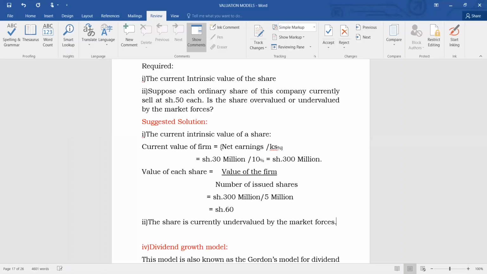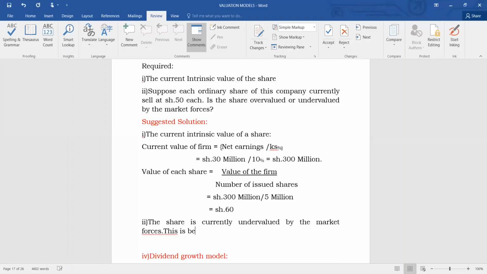This is because the current market price is lower than its intrinsic value. The intrinsic value is 60, the market value is 50. So it looks like the share is currently underpriced by the market forces.